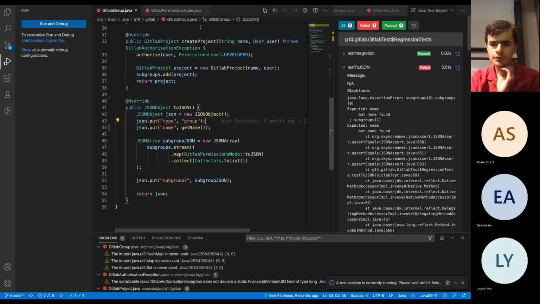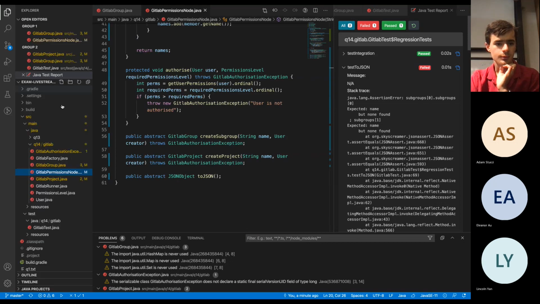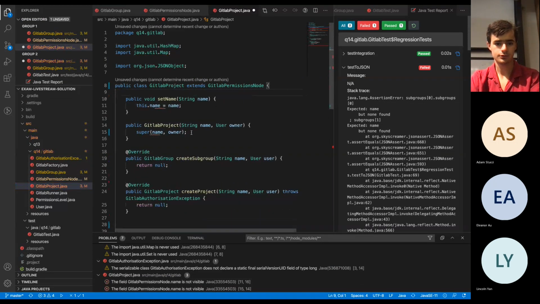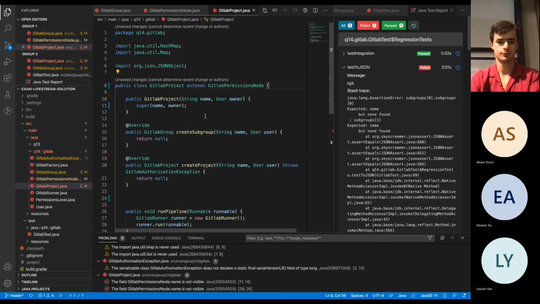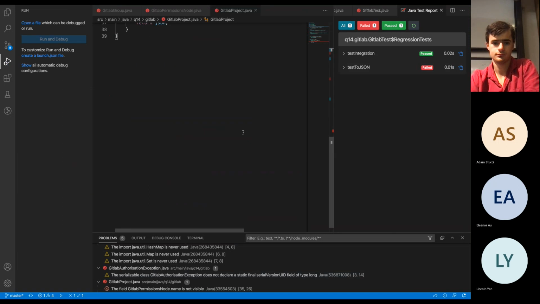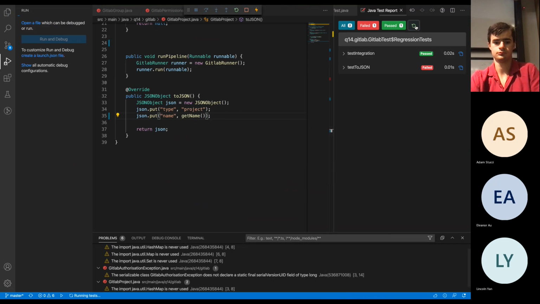That was weird. Subgroups 0.subgroup 0. Maybe I forgot to remove it from. Oh, I did. Okay. Very sneaky. Local variables causing problems. Woo, now we pass. Okay.